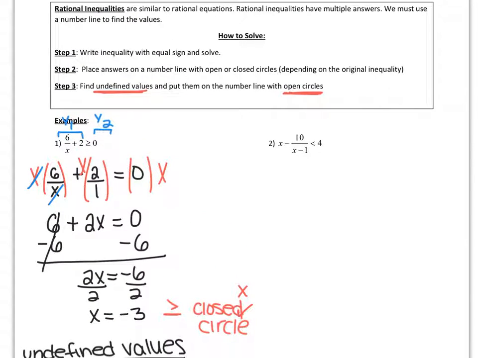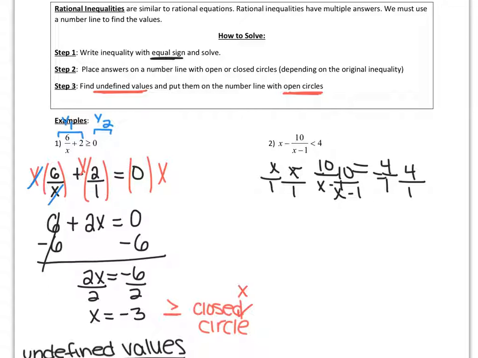Okay, example number 2. So the first thing that we're going to do is write it with an equal sign. So I'm going to write this as x over 1 minus 10 over x minus 1 equals 4 over 1. Now, it looks as though the common denominator is x minus 1.